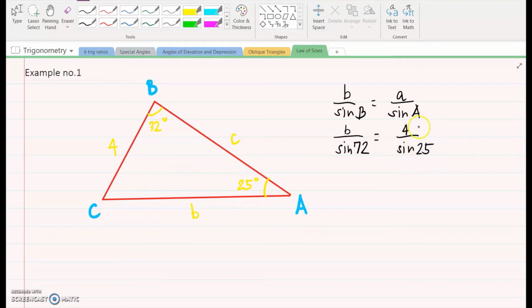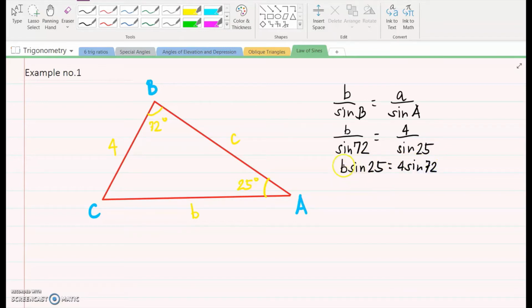So all we have to do is cross multiply this proportion. So we have B sine 25 equals 4 sine 72.